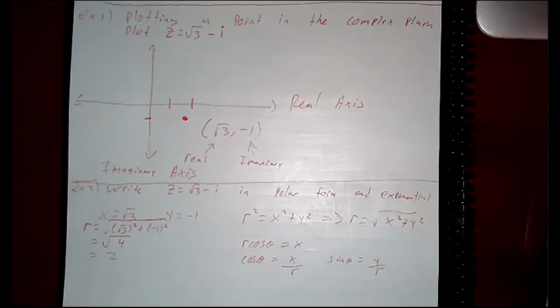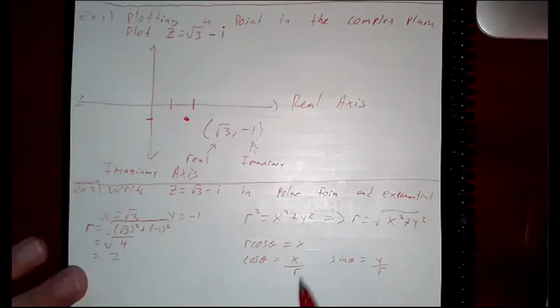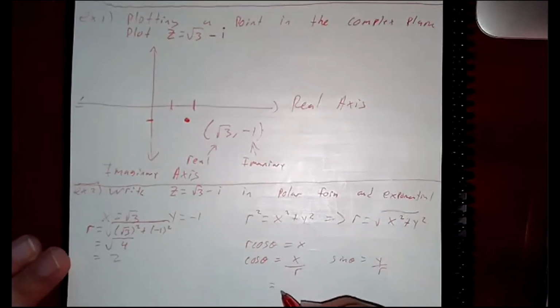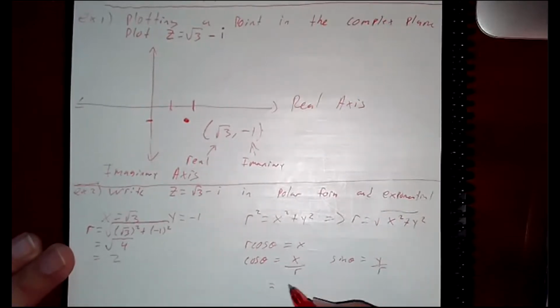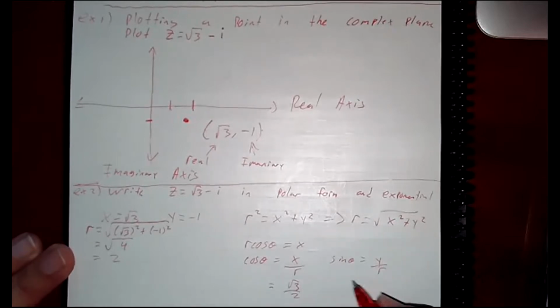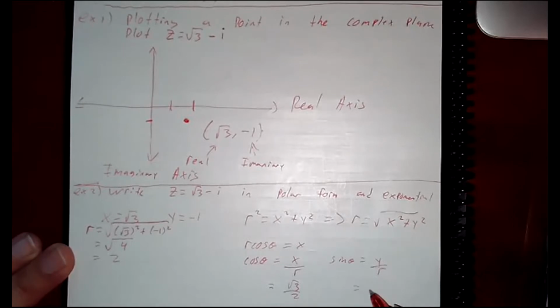We do need the angle. So to find the angle, let's plug in everything we know. This is going to be square root 3 over 2, right, for cosine. And sine would be negative 1/2.